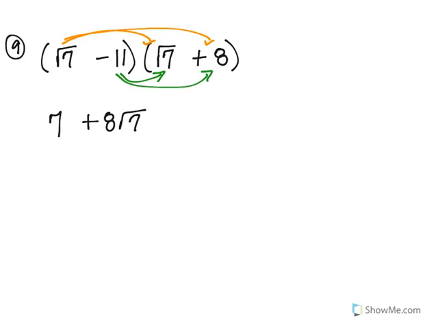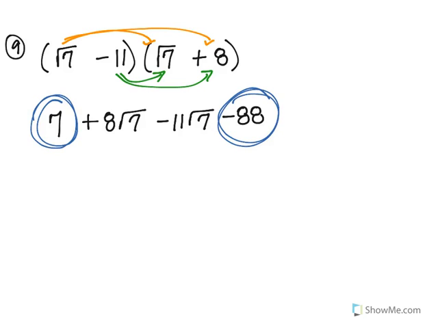Good. Negative 11 times the square root of 7. And then negative 11 times 8. Negative 88. Do y'all see that? So can you combine some stuff? Yes. Your whole number, you got a positive 7 minus 88. That's a negative 81, right?